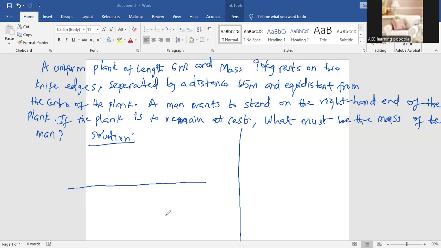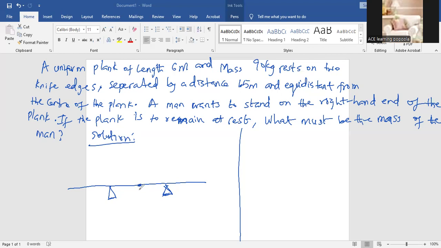The plank is balanced on 2 knife edges that are equidistant from the center of the plank, meaning they are an equal distance from the center.